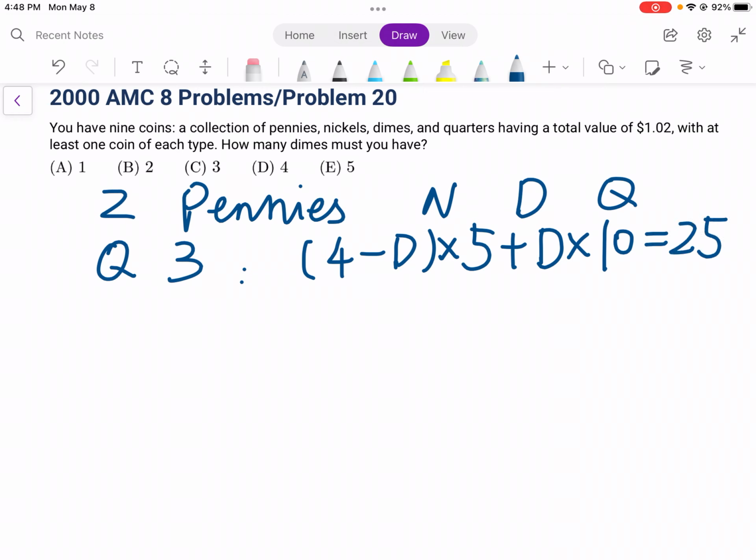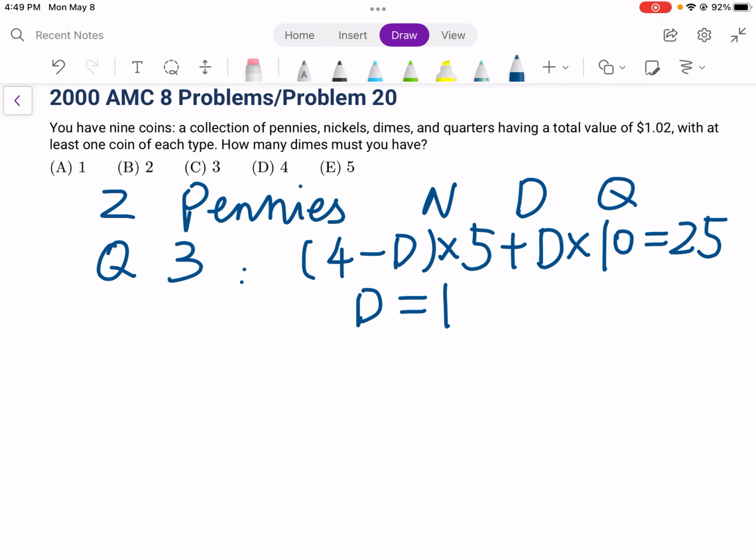That's 25, the sum of nickels and dimes after subtracting the pennies and quarters from $1.02. So if we solve this problem, we will figure out that D equals 1.